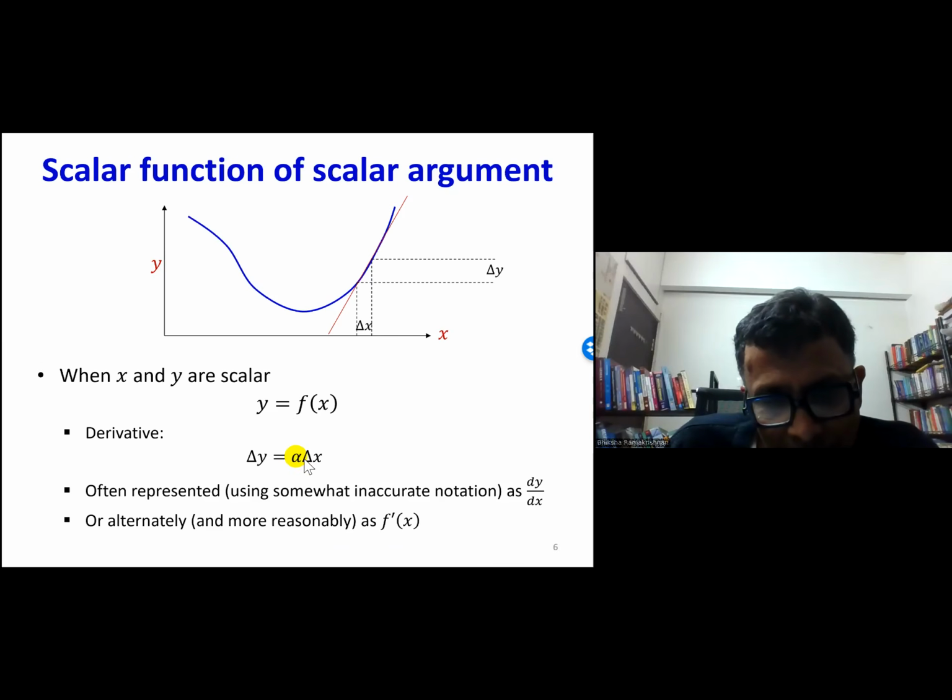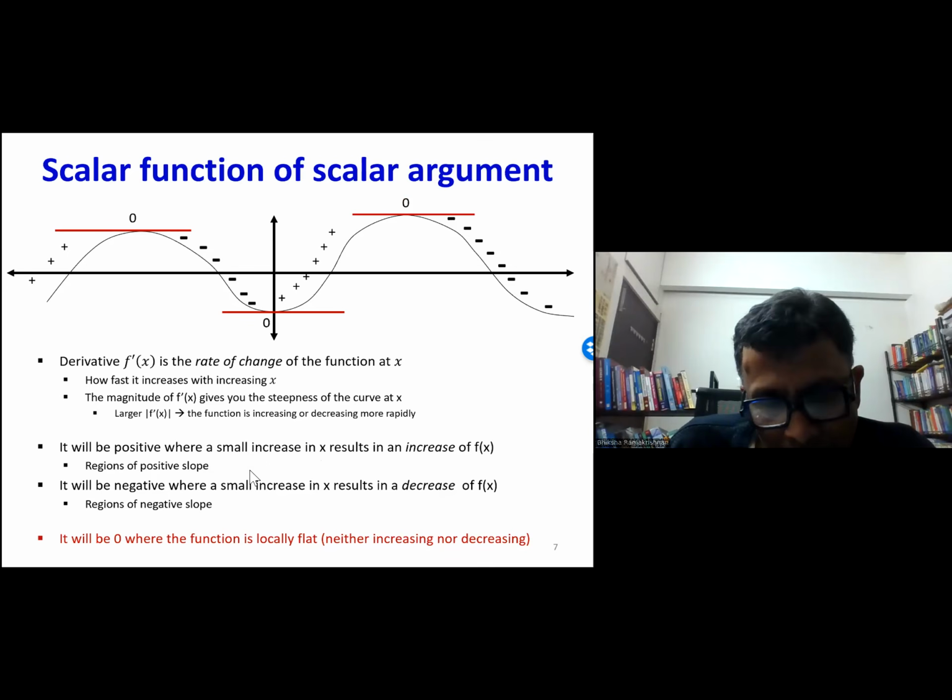But then overall, here's another way of thinking about it. The derivative alpha tells you how much the output y will increase in response to a small increase of the input. So if you look at this region of the curve, if I increment the input by a little bit, will the output increase or decrease? So what would the derivative be?